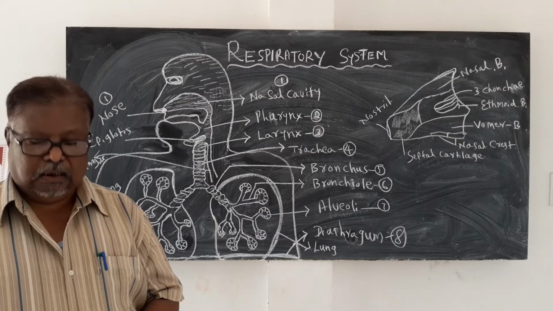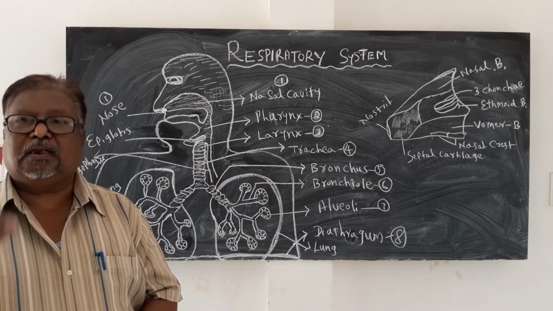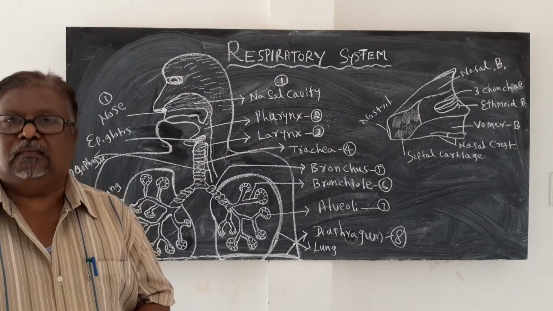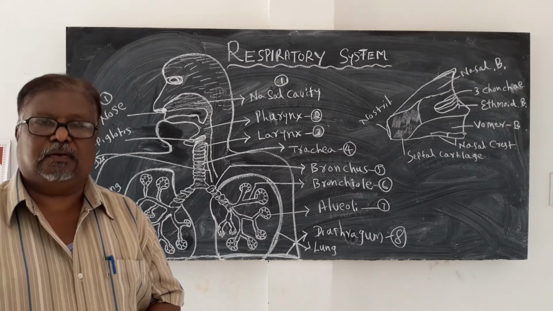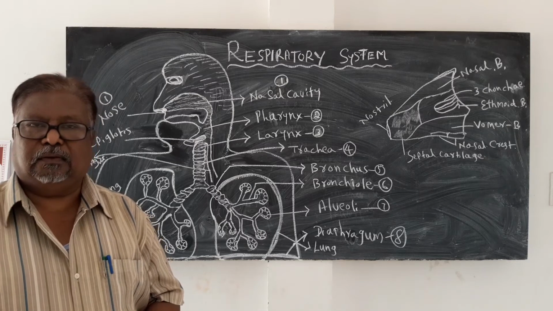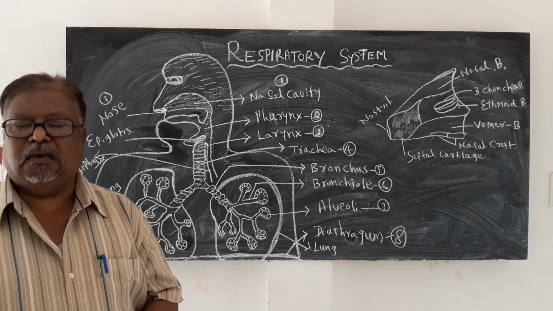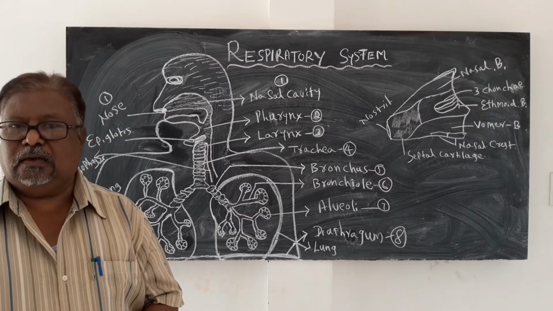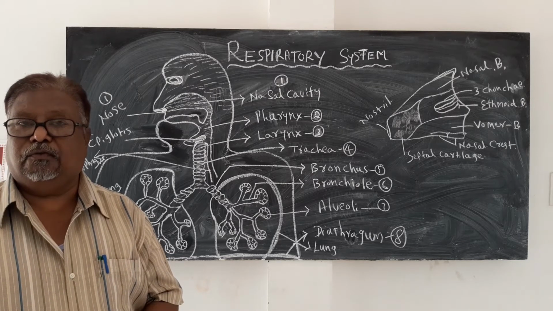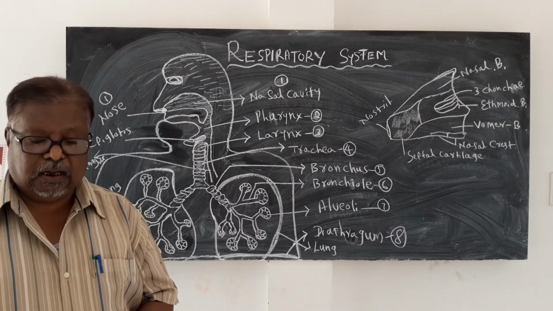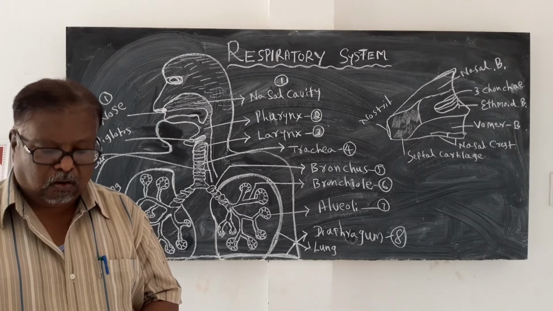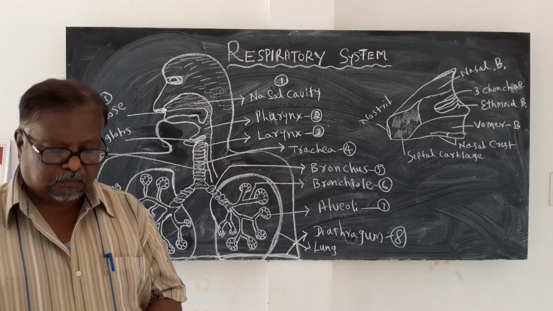Likewise, the respiration starts from the birth up till the death. When the respiration stops, death will occur. So oxygen is a must for a living being. For that purpose, it is a vital process of all living organisms.